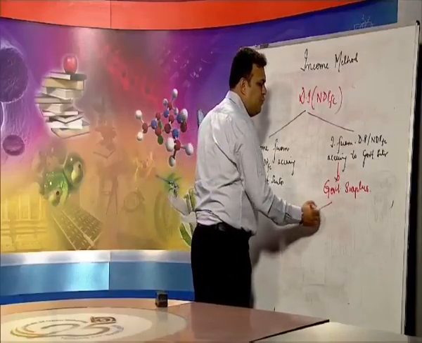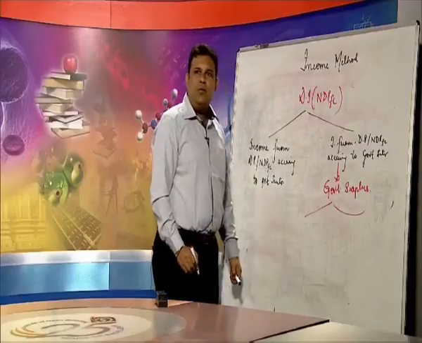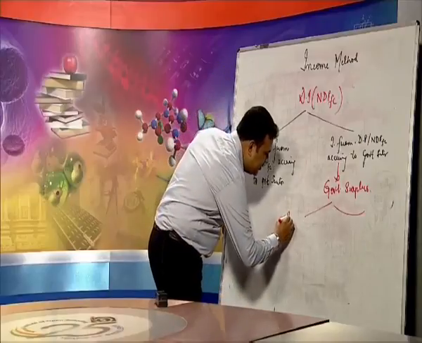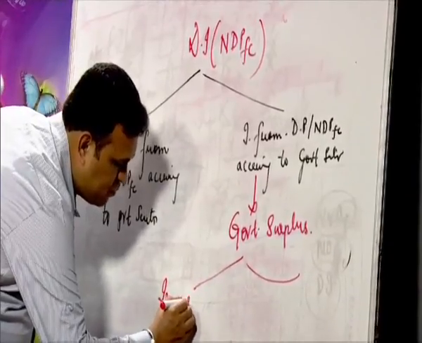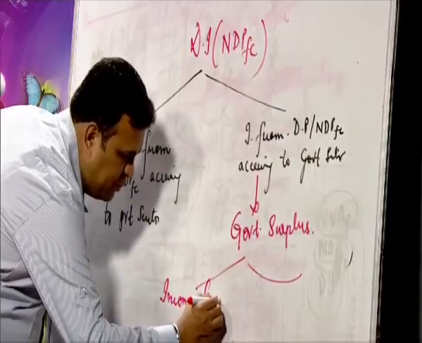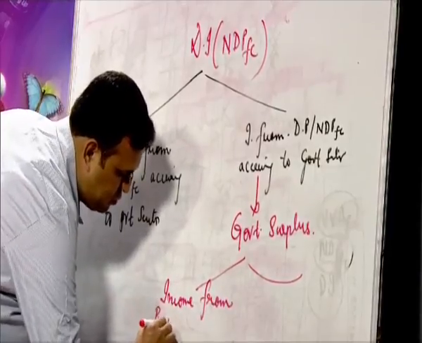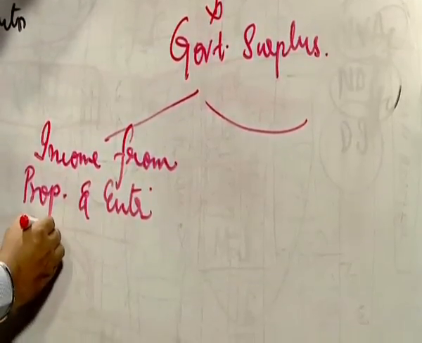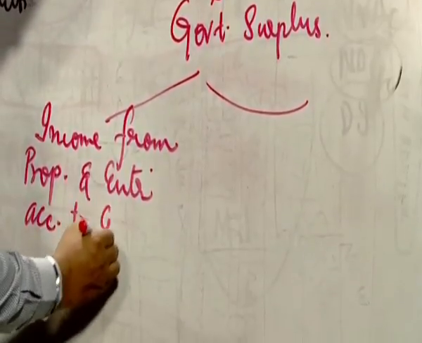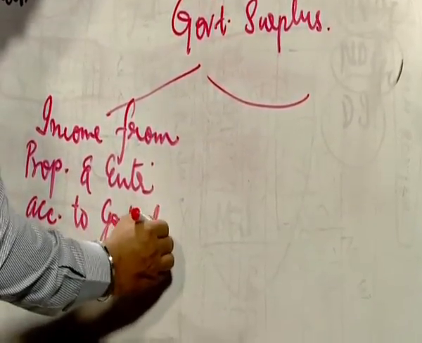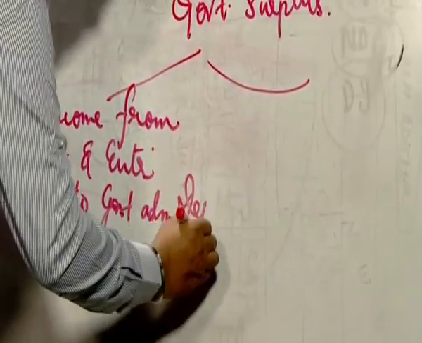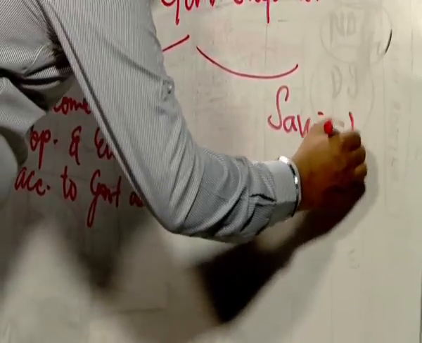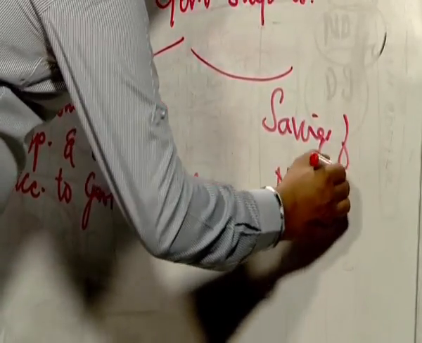It comprises of, government surplus, we have income from property and entrepreneurship accruing to government administrative department and savings of non-department.